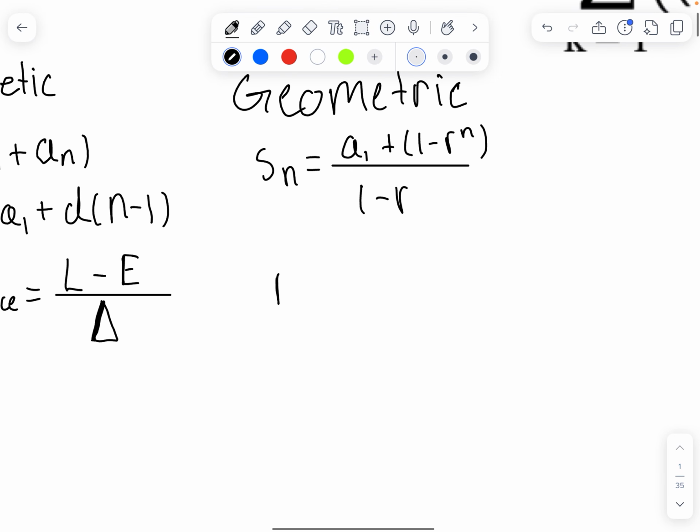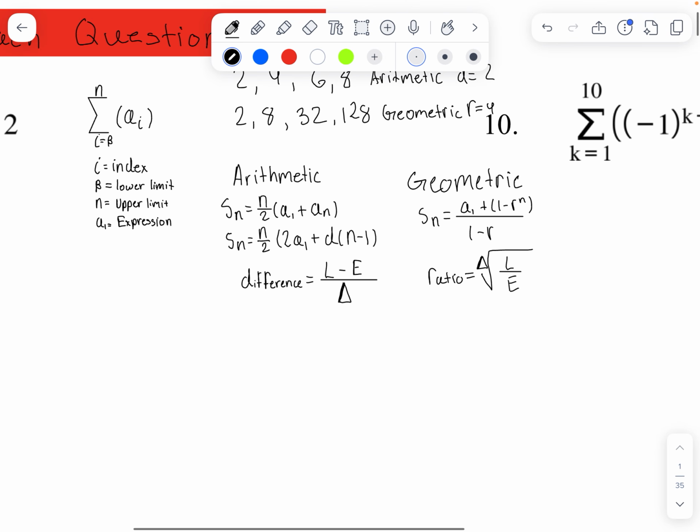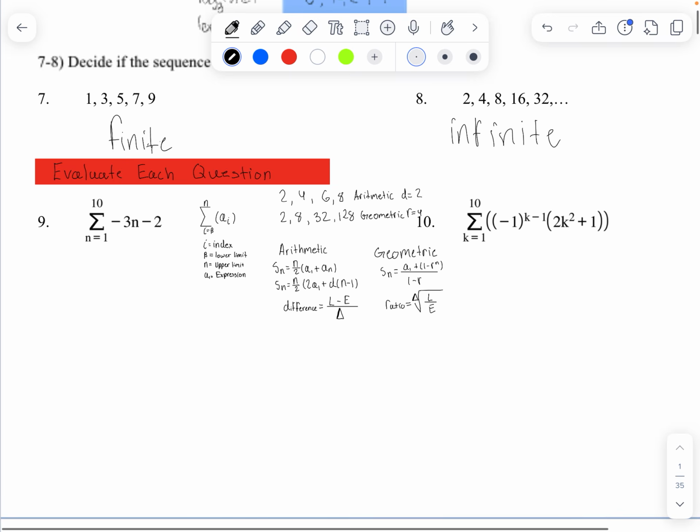And to find the common ratio, which is r, you just do L over the first term, with the number of digits, or numbers, as the exponent root. So yeah, let's get started with the first question.